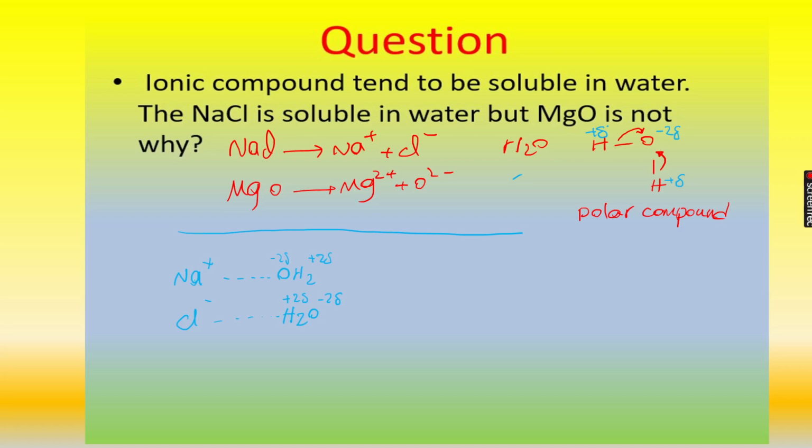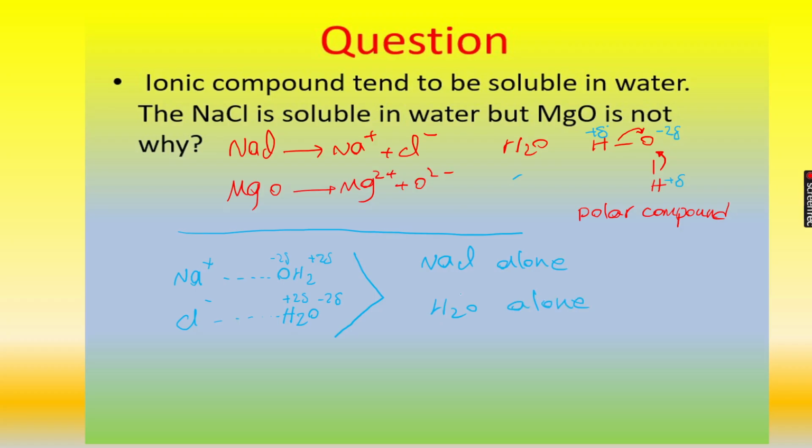The attraction between the ions, Na+ and Cl-, and the water is bigger than the attraction between the NaCl alone and H2O alone.